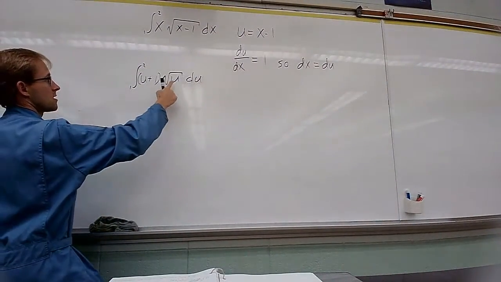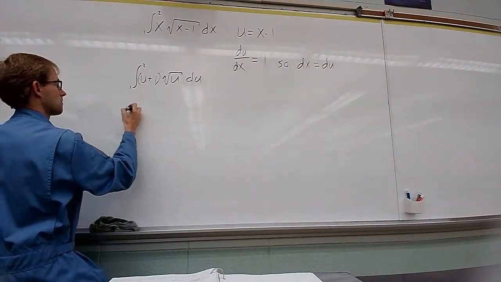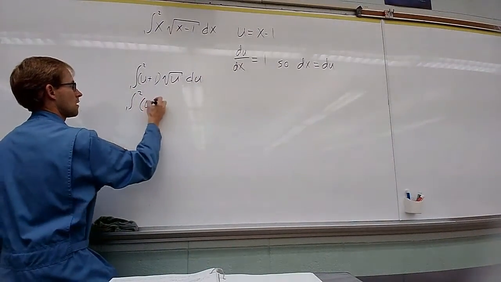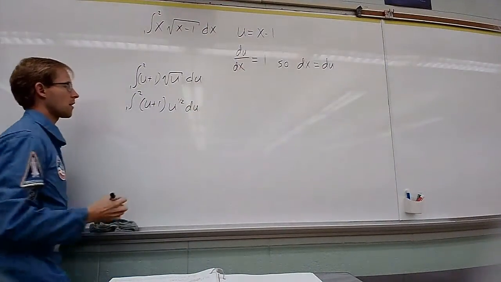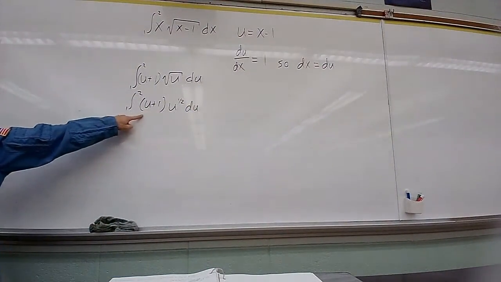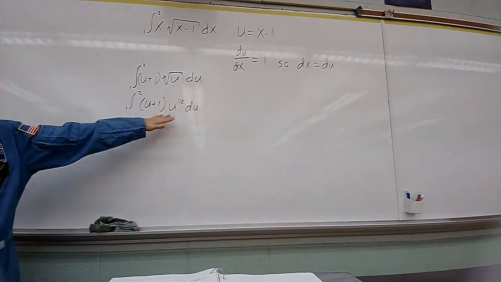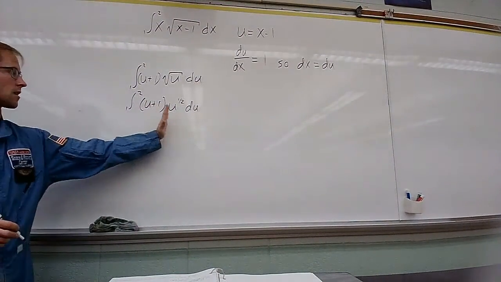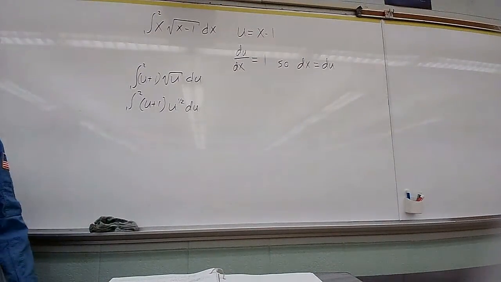So this is u to the 1/2. So 1 to 2, u plus 1, u to the 1/2 du. And what I want to do is distribute this through so I just have the letter u in here. Because you can't really take integrals of these separately, so it's best to take this and get 2 separate u functions.